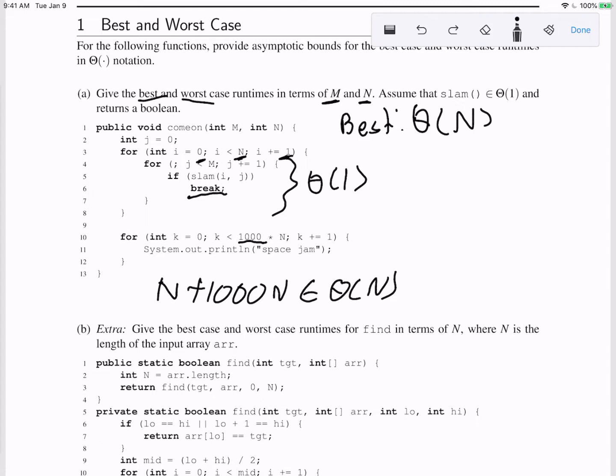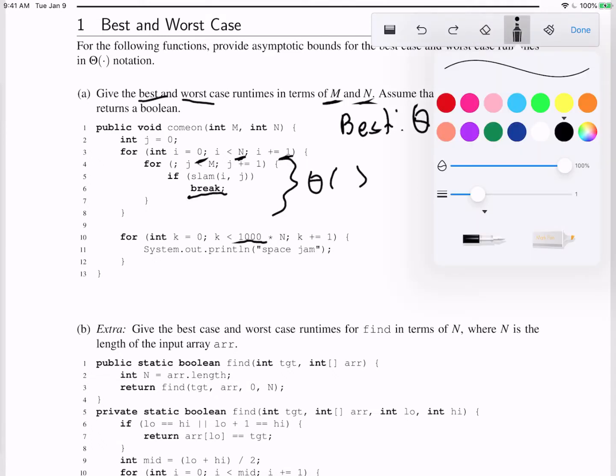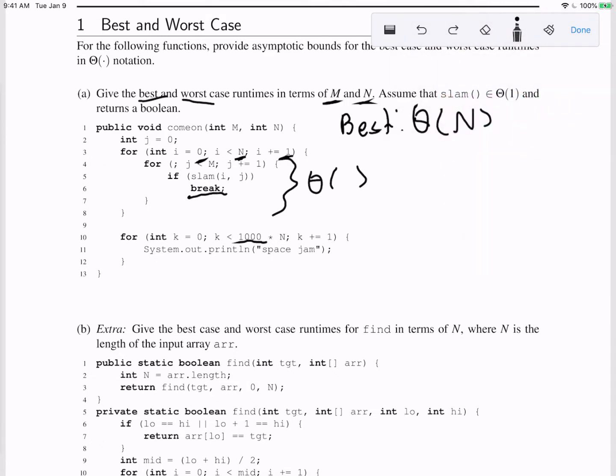Now let's analyze the worst case. This is no longer going to be theta of 1. Let's remove this for now. In the worst case, we have kind of the same idea. It's definitely going to involve this if statement on line 5. But now instead of that if statement always being true, we're going to have it never be true.